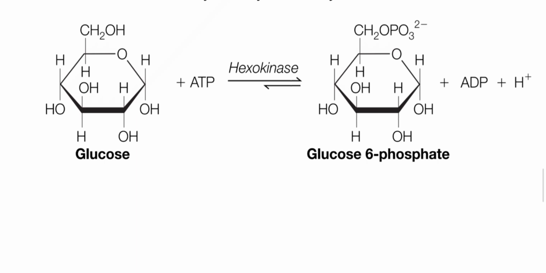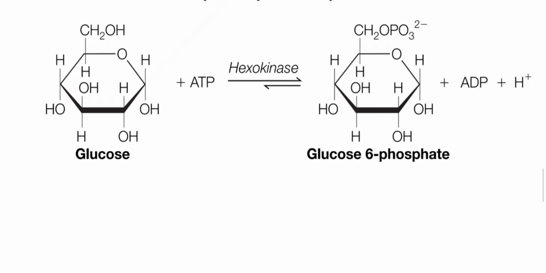So hexokinase adds a phosphate group to the glucose at the sixth carbon and converts it into glucose 6 phosphate. This phosphate group comes from the ATP. The terminal phosphate of the ATP is removed and it is then added to the sixth carbon of the glucose, and we get glucose 6 phosphate.